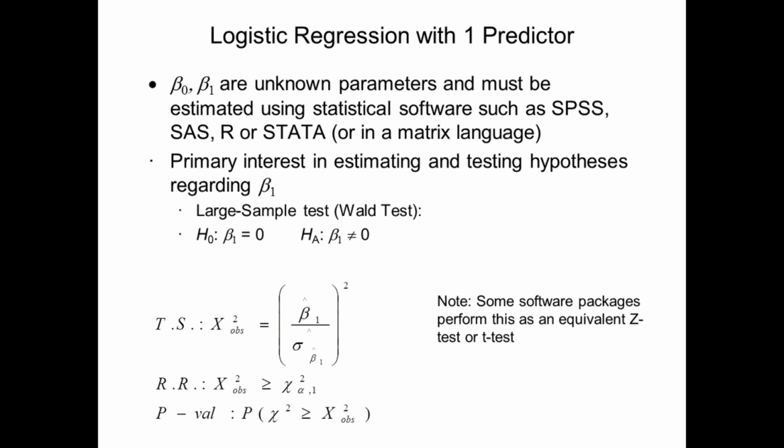This statistic follows a chi-square with 1 degree of freedom. When the observed test statistic is superior to the critical value of the chi-square with 1 degree of freedom at threshold alpha, we can reject the null hypothesis, which is beta 0 equal to beta 1 equal to 0.